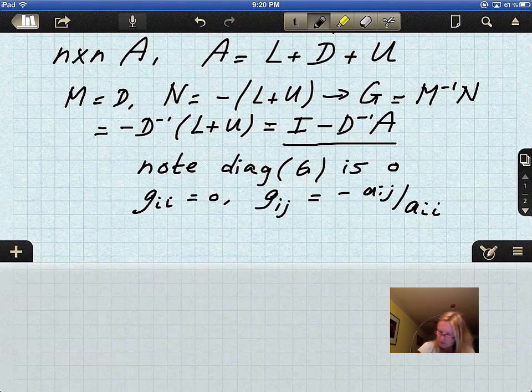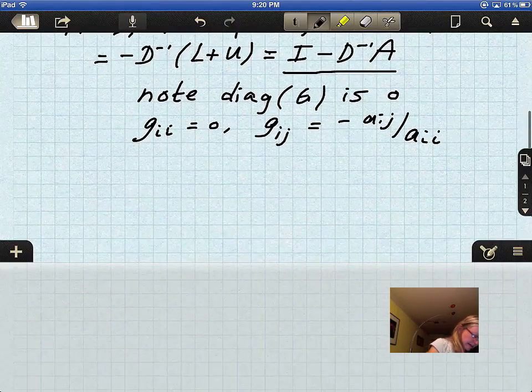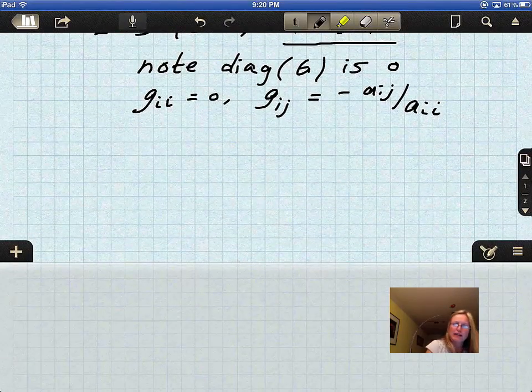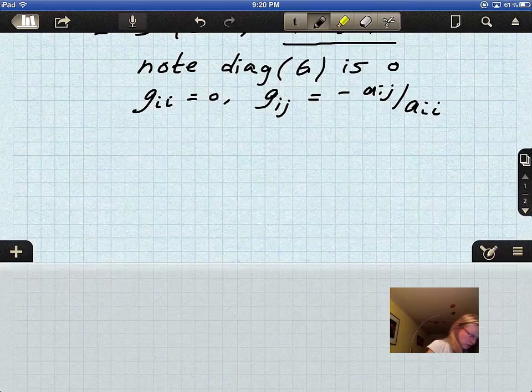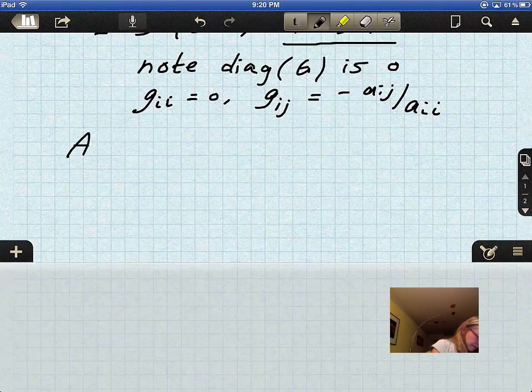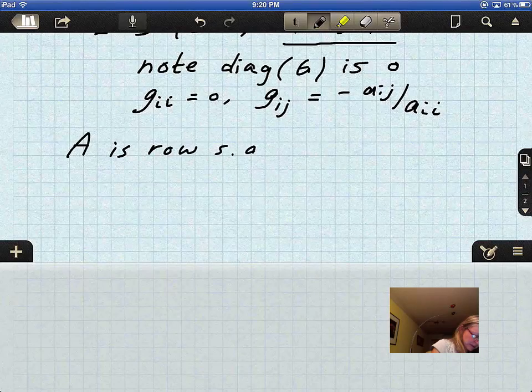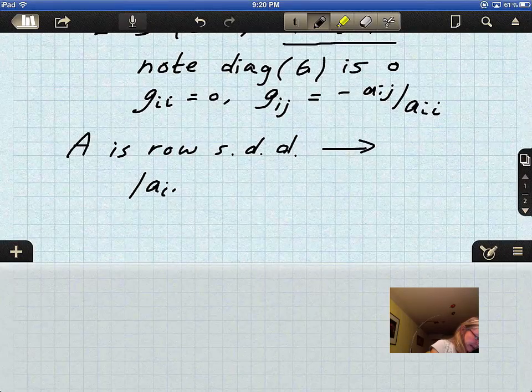Now, what does it mean to have a strictly row diagonally dominant matrix? So, A is row strictly diagonally dominant, and out of this follows that we have a big fat diagonal.